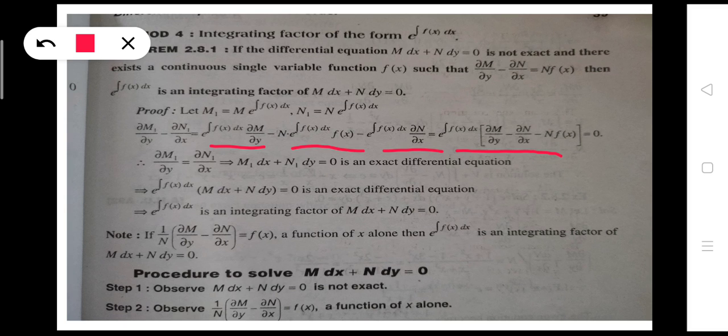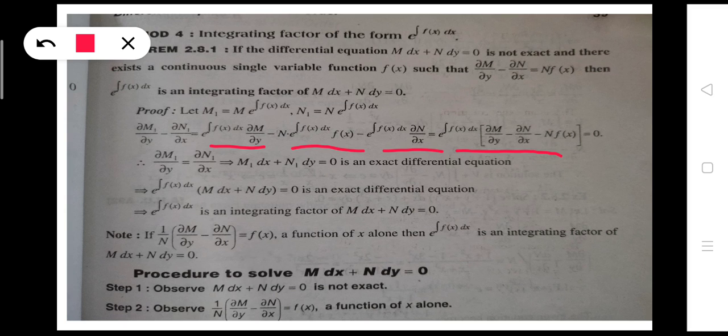This is exact. This implies M1 dx plus N1 dy is equal to 0 is an exact differential equation. Therefore e power integral f of x dx into M dx plus N dy is equal to 0 is an exact differential equation, and this implies e power integral f of x dx is an integrating factor of M dx plus N dy is equal to 0.